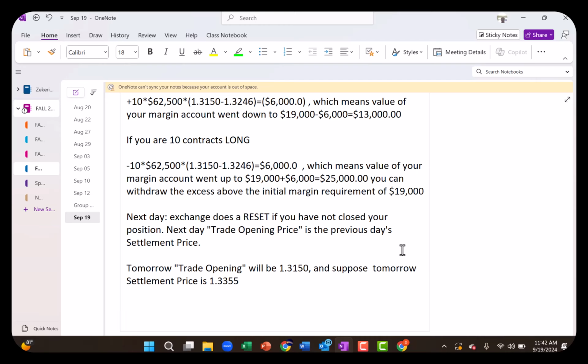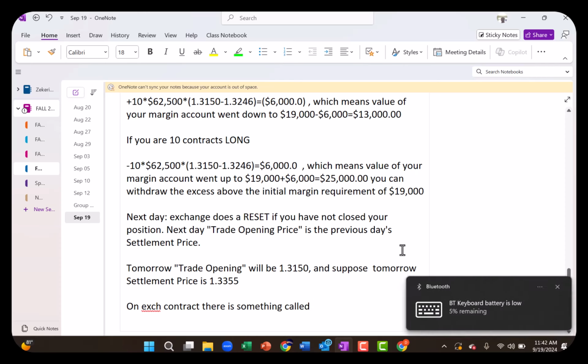And I'm going to show you also a quick way of calculating P&L. On each contract, there is something called a tick value.